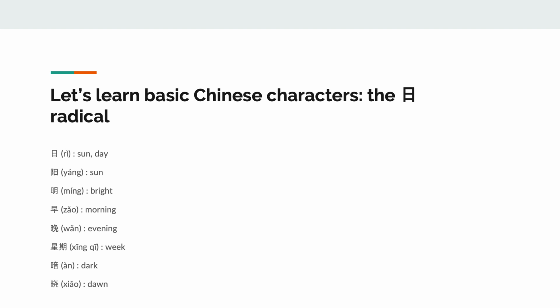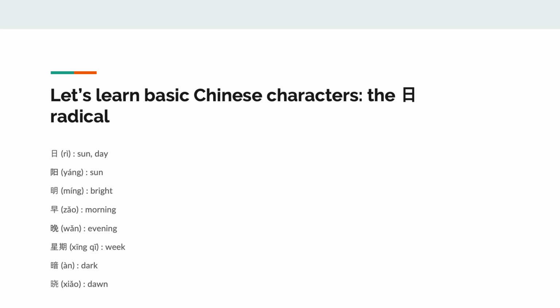Let's learn the sun radical now. The first character, 日, means sun, and all of the following characters on the list contain the first character 日, meaning sun, in them. Yang means sun, Ming means bright, 早 means morning, 晚 means evening, 星期 means week, 暗 means dark, and 晓 means dawn.